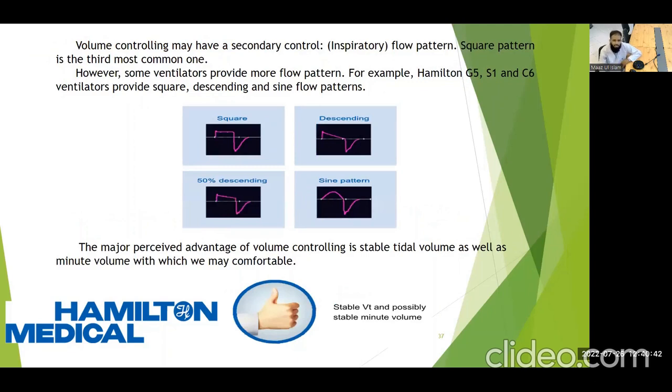Volume controlling may have a secondary control, the inspiratory flow pattern, where the square pattern is the most common one. However, some ventilators provide more flow patterns. For example, Hamilton G5 and S1 ventilators provide square, descending, and sine flow patterns. These two Hamilton Medical models have many advanced features.